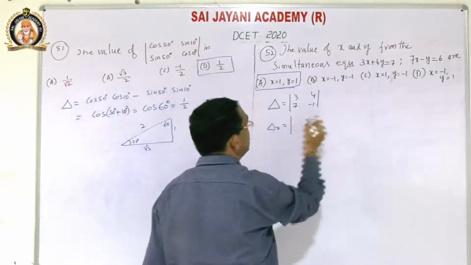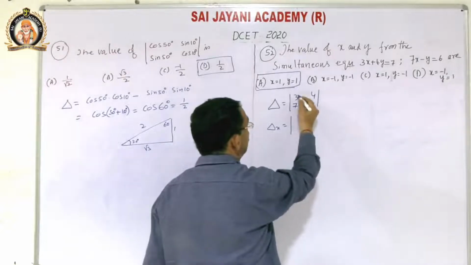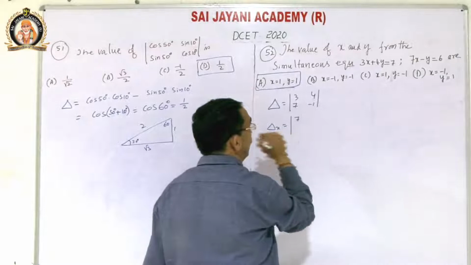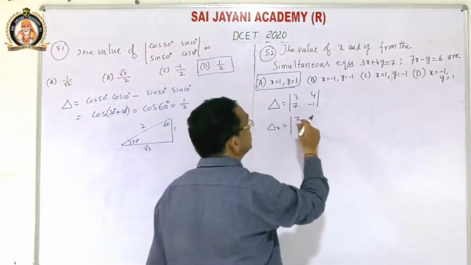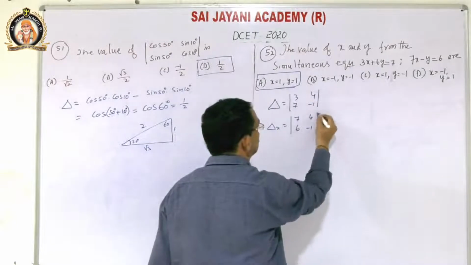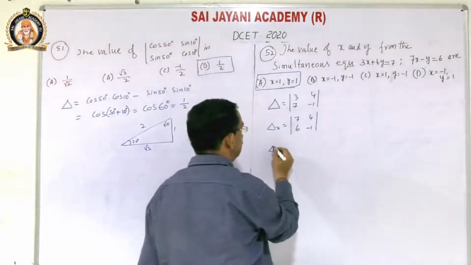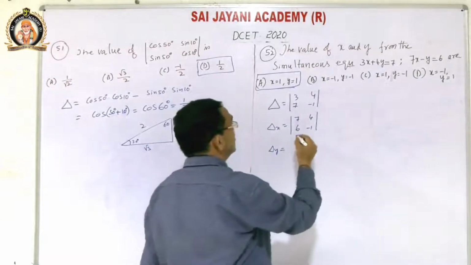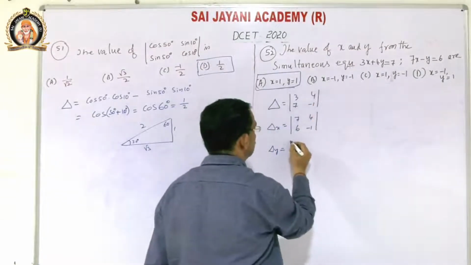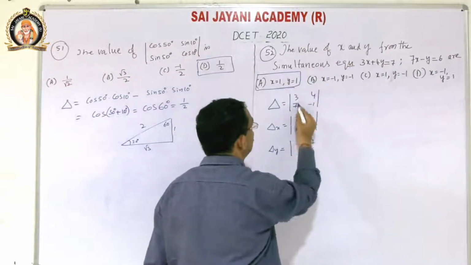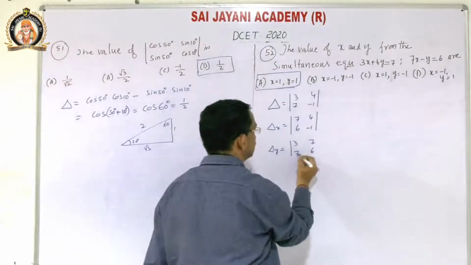In the first column write the constant terms, 7, 6, and the second column is 4, minus 1. And delta y: in the second column write the constants 7, 6, and the first column is the same as in delta, that is 3, 7.